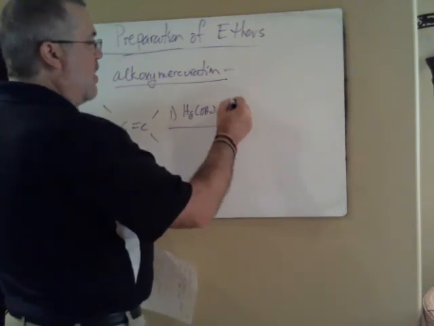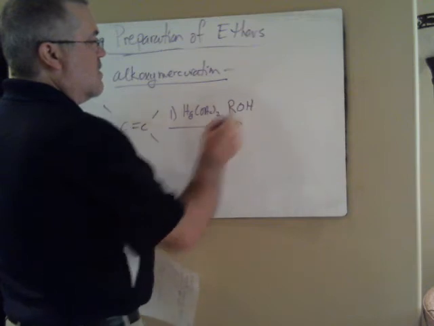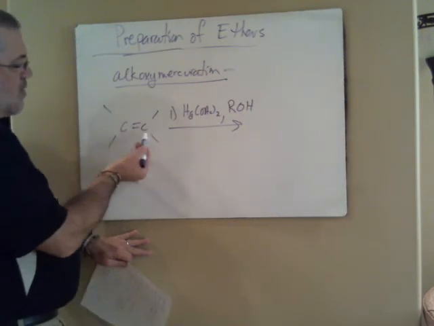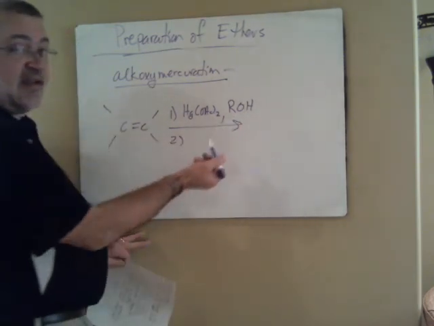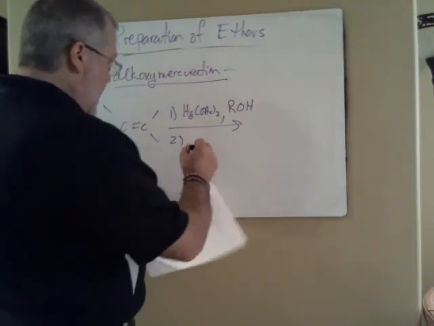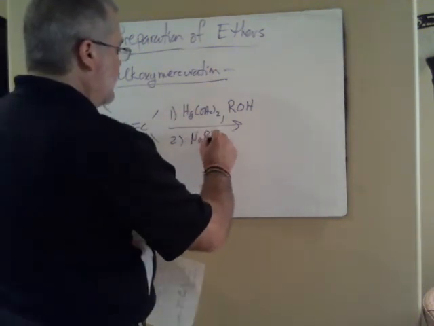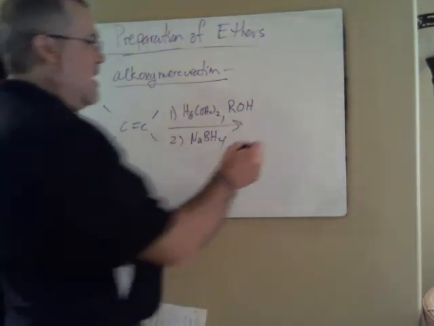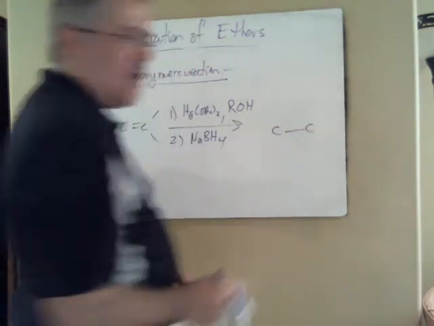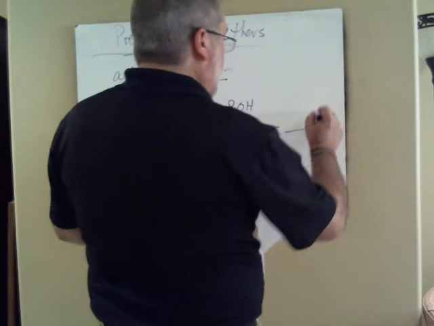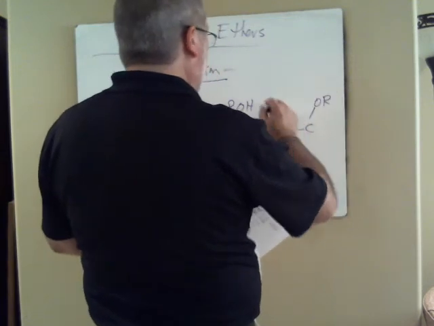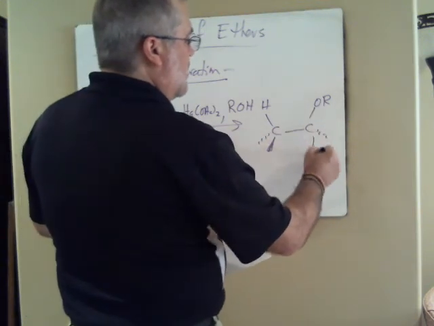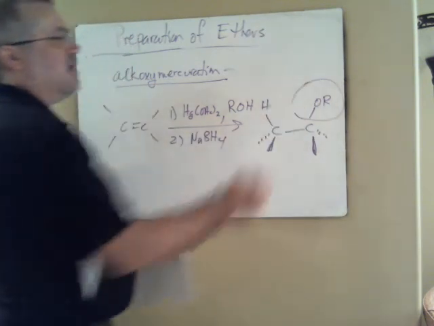But now instead of water, we're going to use an alcohol. So now this alcohol is going to be what adds across the double bond, but still anti and Markovnikov. And then you follow it up, remember, with the sodium borohydride. So the same reagents for oxymercuration, but you are now using an alcohol. And so when it adds across that double bond, remember it's the pi bond that's breaking, so you're basically adding your H and your OR across the double bond, and you end up with that ether linkage.